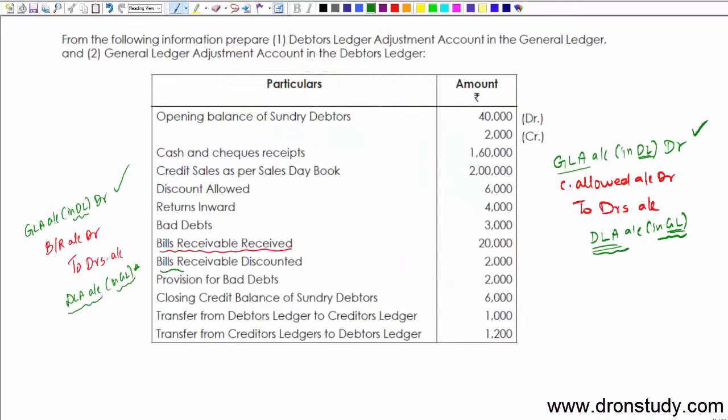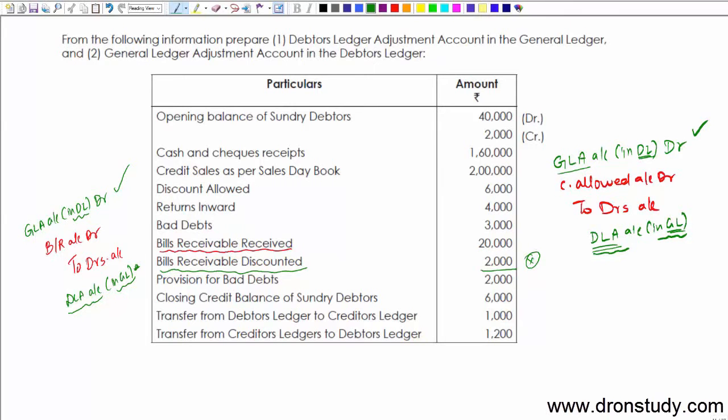Then we have bills receivable being discounted. This is a transaction which is not going to affect debtors. When bills receivable is discounted, this transaction will not touch debtors, so it is not going to be reflected here.